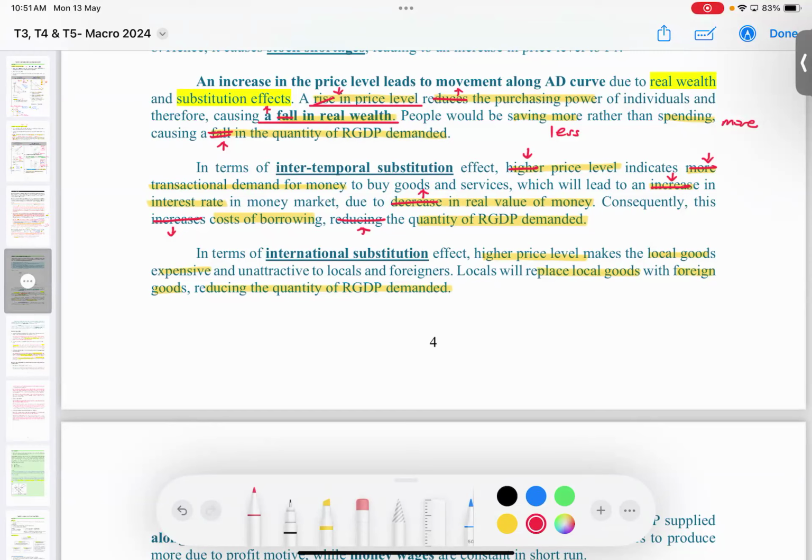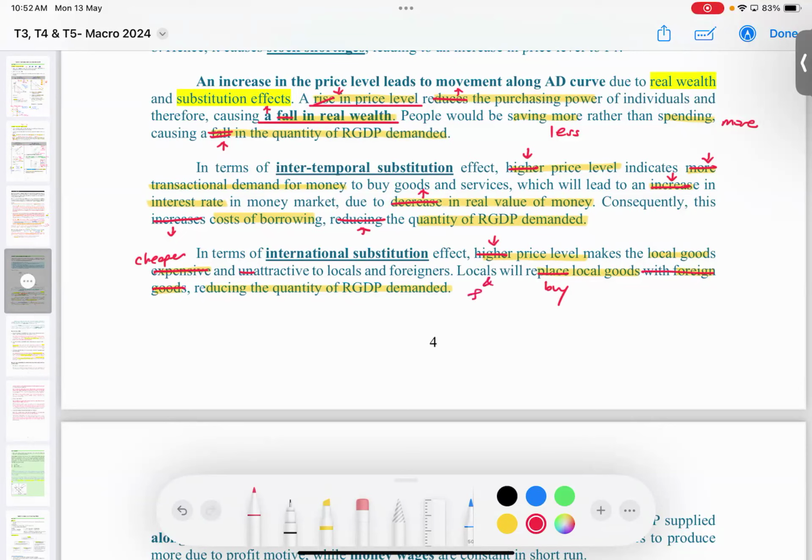The other one is the international substitution effect. Same thing, in question two we are talking about a falling price level. If that's what you want to write in your assignments, you change it to: a lower price level makes local goods cheaper and attractive to locals and foreigners.